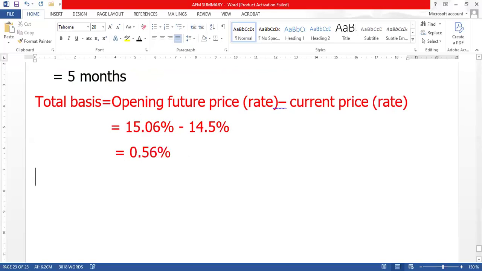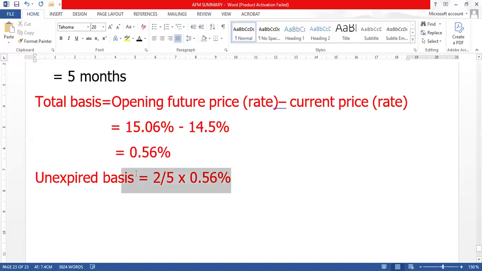Perfect. So your unexpired basis will be 2 out of 5 times 0.56. What do you get?